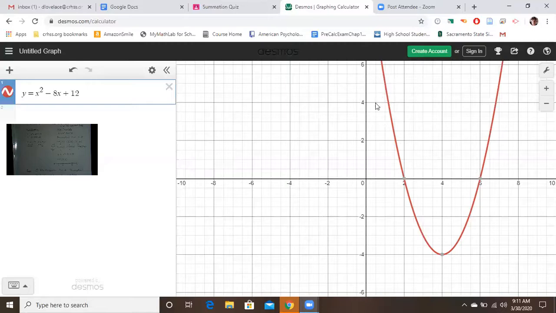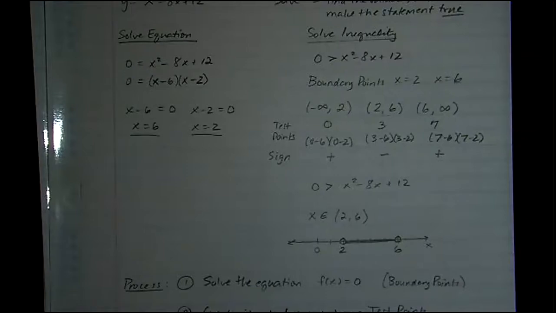The y value is positive. And then the same on the other side, larger than 6, the y values are up here, they're positive. Okay, so this is the picture of the quadratic function that goes with the solution that we just found. And the solution we just found was any value of x between 2 and 6 is going to give us a function value less than 0.